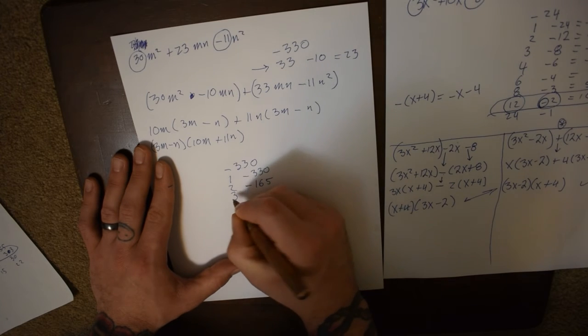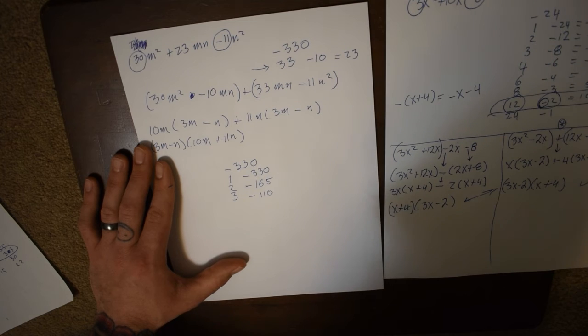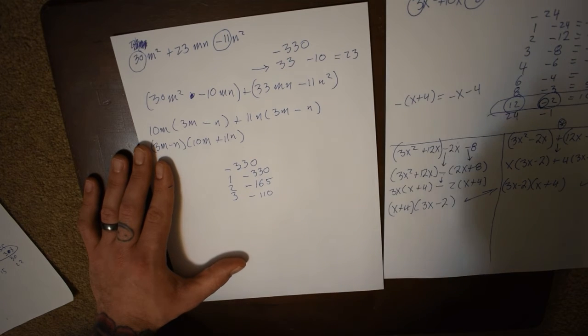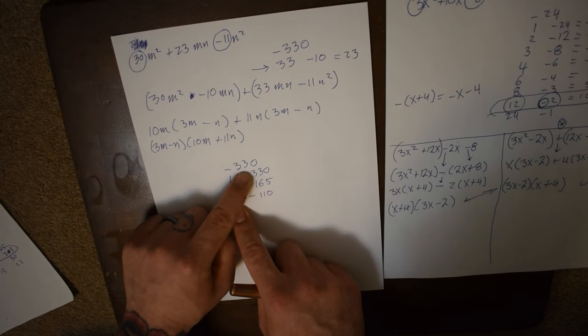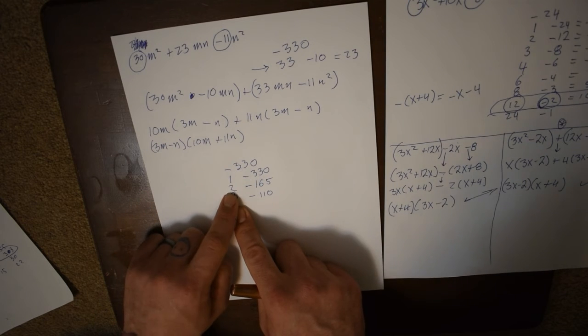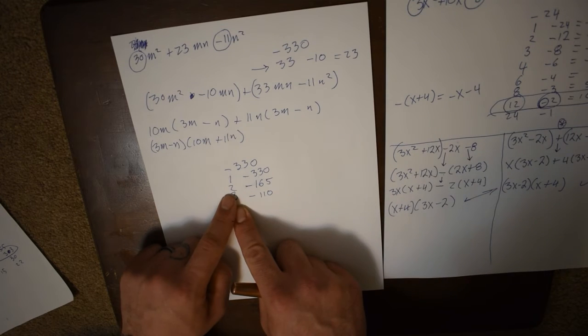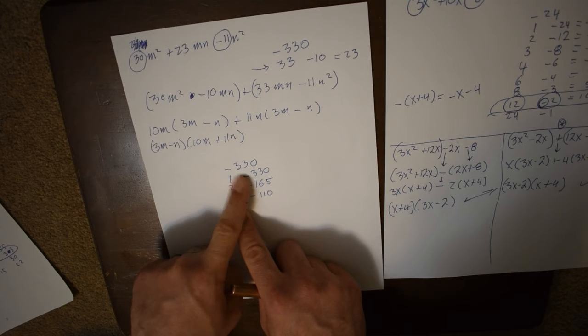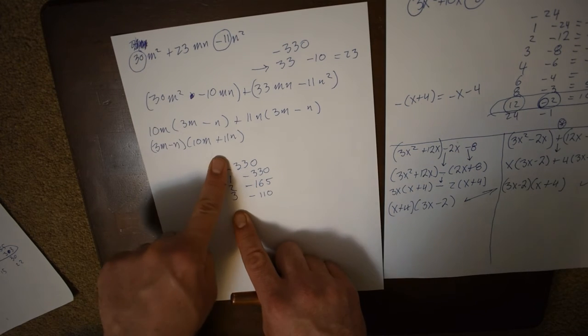That would be 3 and negative 110. Now I ask myself, does 4 go into that number? Well, if 4 goes into negative 330, that means 2 would have to go into negative 330 twice. Well, when 2 goes into negative 330 once, it equals negative 165. That's an odd number, so I can't divide it by 2 again. So I know 4 does not divide that number.